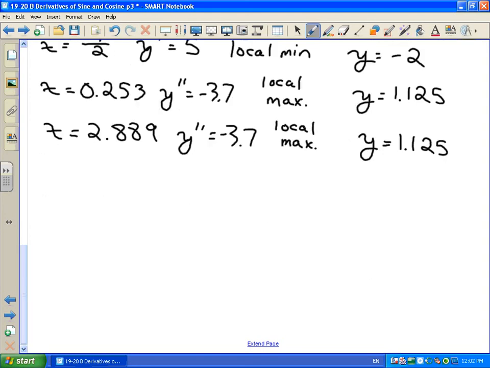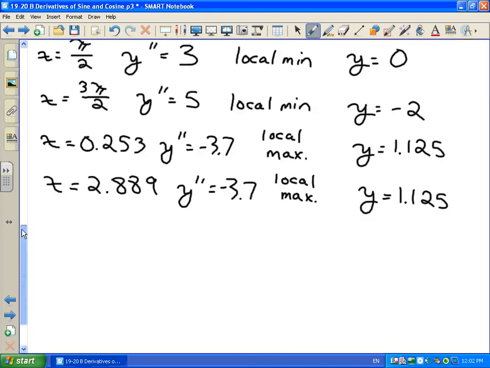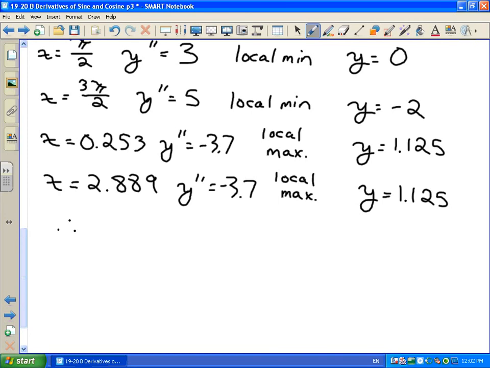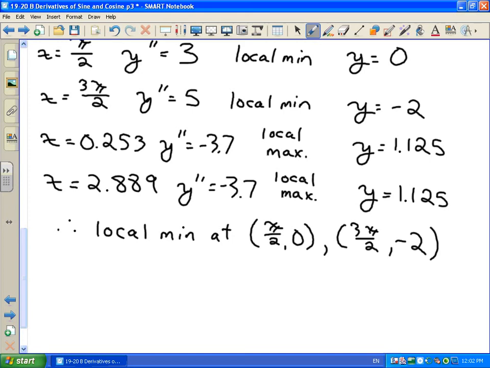So I could sum all this up by saying, therefore, we have a local min at pi over 2, 0, and 3 pi over 2, negative 2.